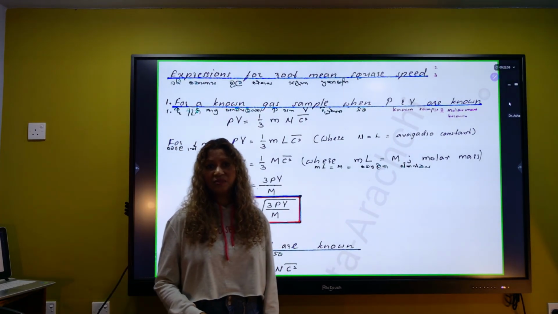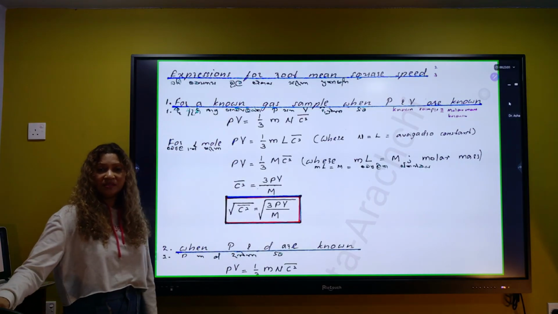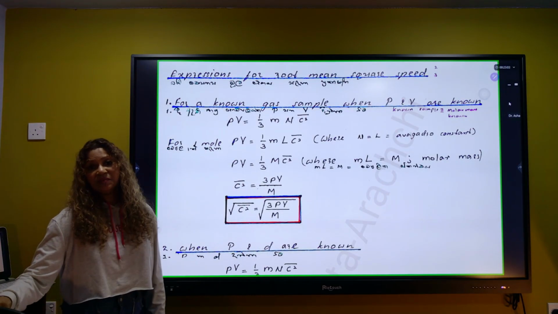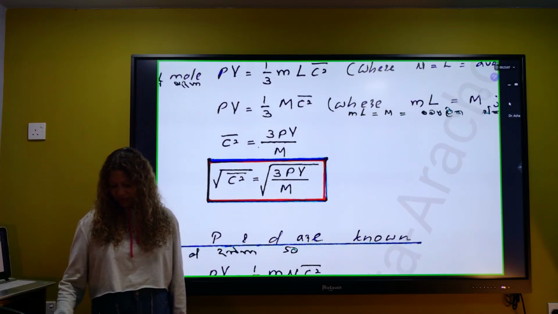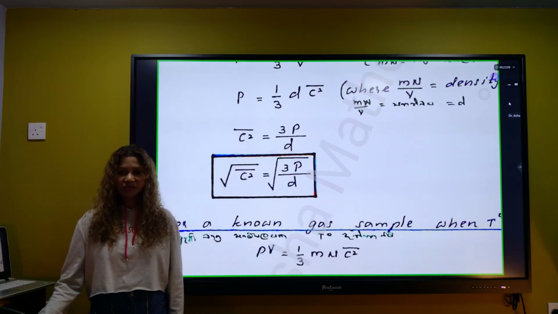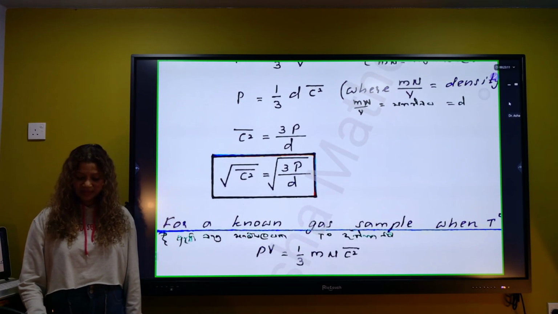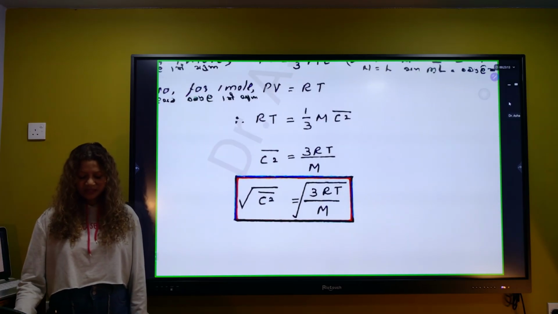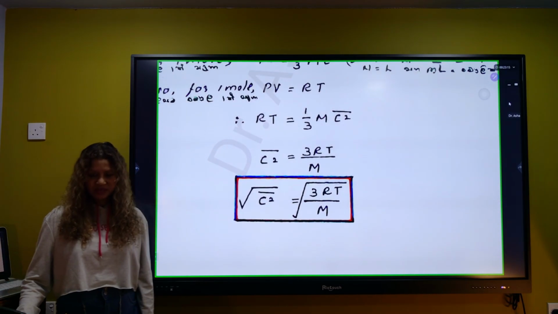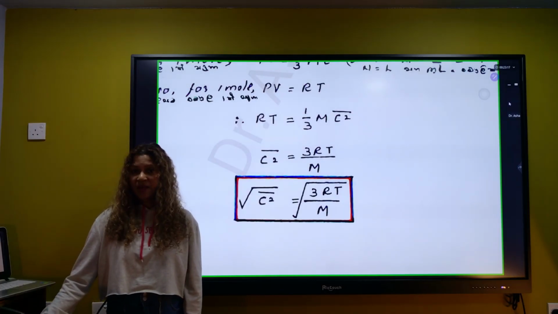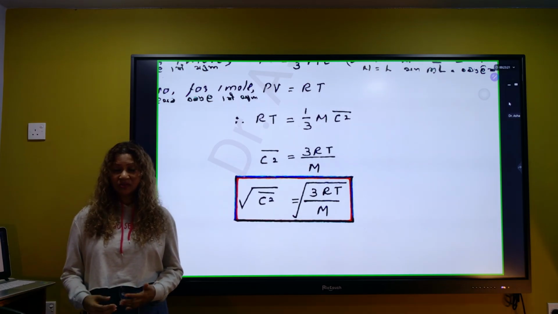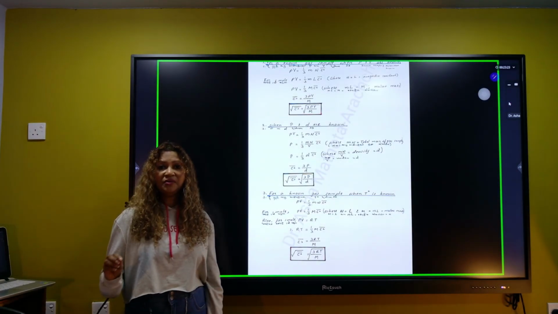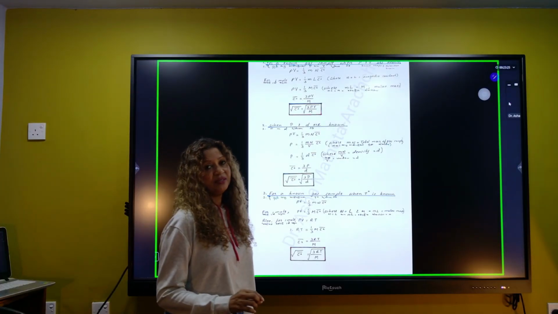Actually, in this class, we derived 3 different equations starting from the kinetic molecular equation. The very first one is c squared bar equals 3pV over m. The second one is c squared bar equals 3p divided by d, density. And the last equation, c squared bar equals 3RT over m. They are asking questions out of this part, so you have to practice how to derive these plus doing calculations.